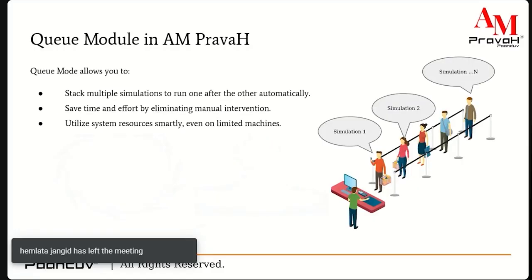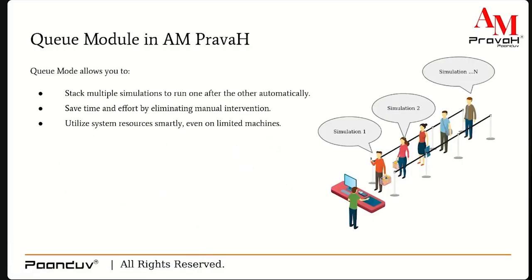So here comes the Q module in AM PravaH. From its name, it's a very simple analogy: you stack all your simulations one after the other and give them to the system, and once you start executing, you don't have to sit and wait for one to complete to start another.